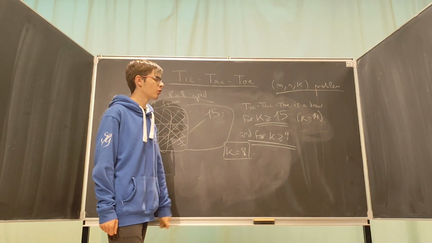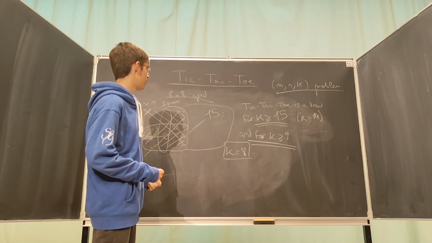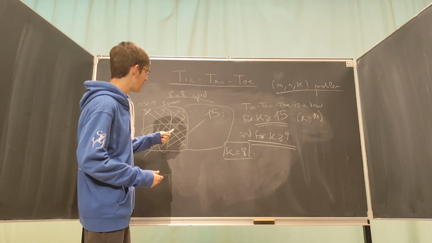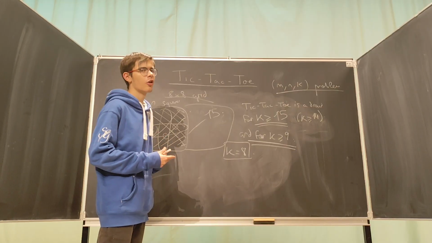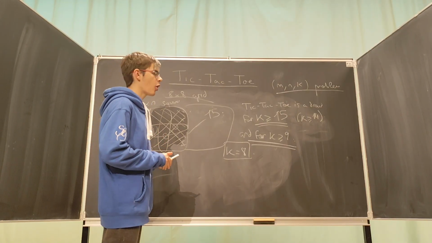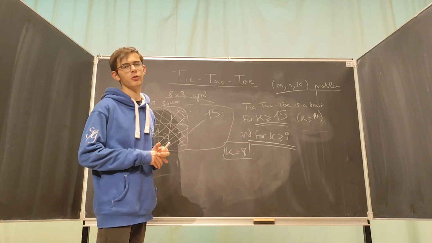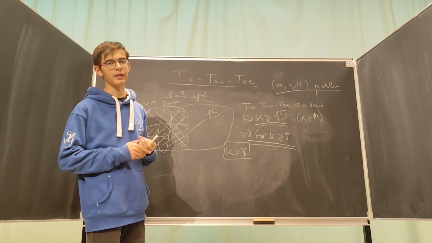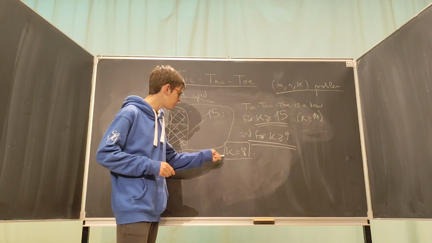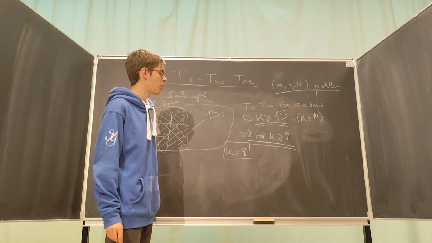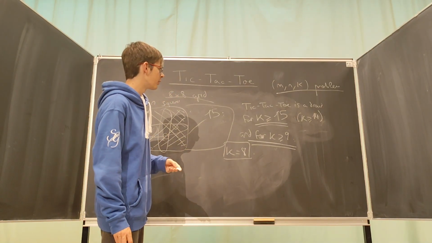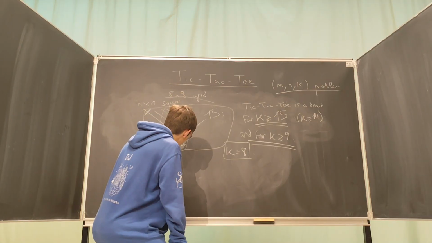Pairing arguments were not used. Another argument was used, which I'll probably discuss in the next video because it's quite nice. So tic-tac-toe was shown to be a draw for k equals 8 on an infinite board, but what about k equals 7 and k equals 6?